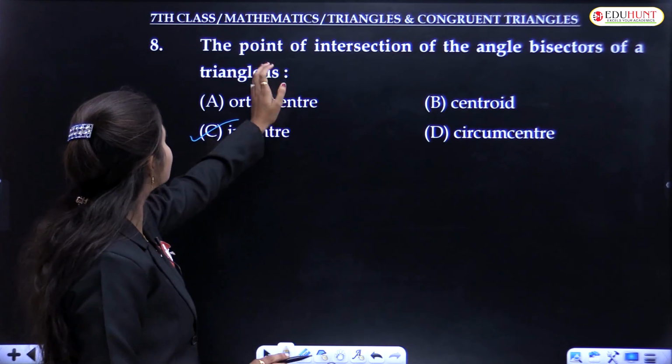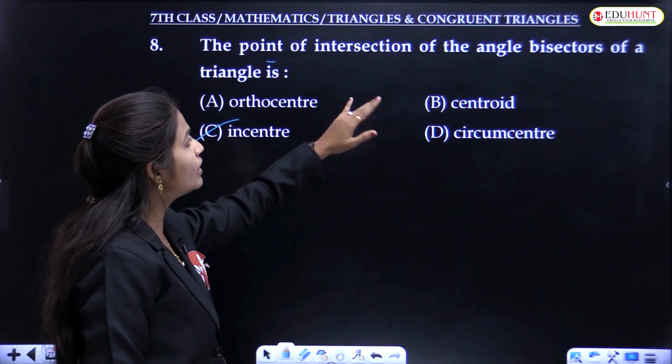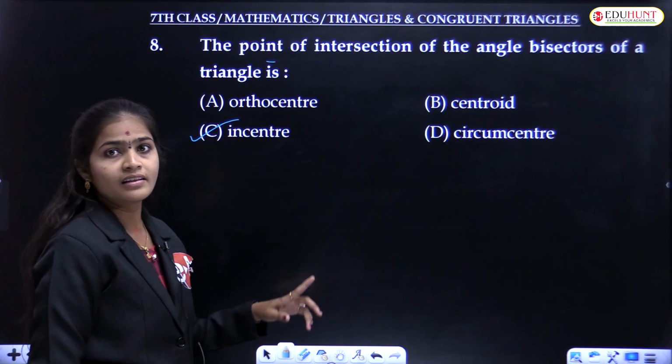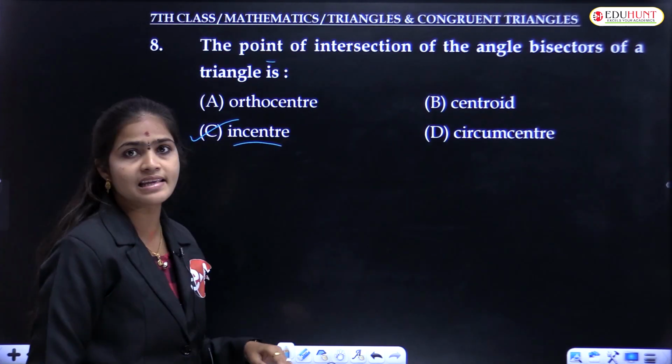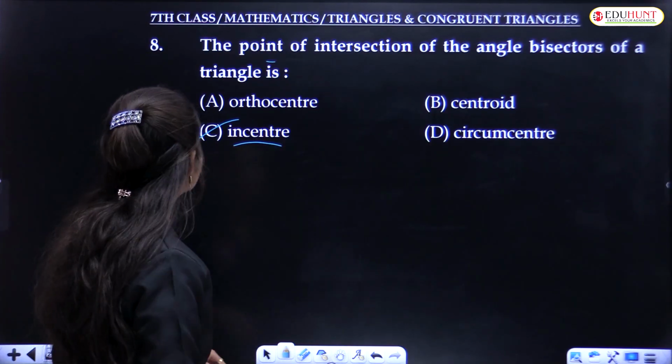And here, the point of intersection of the angular bisectors, we call the incenter. Okay, let us see the next one.